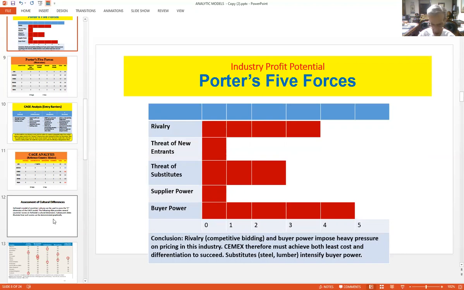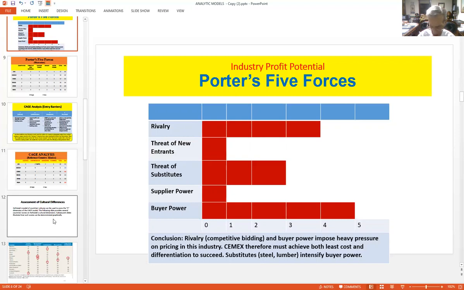It's a fascinating case, a very well-managed company that got caught when the construction industry turned down in 2008 and 9. But it's on the mend and growing again.